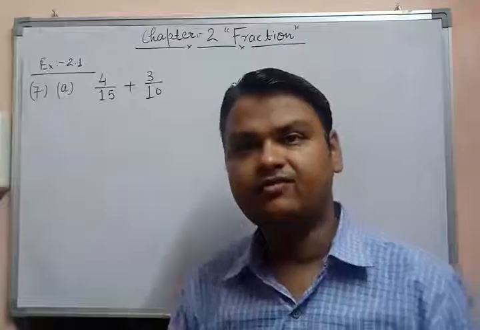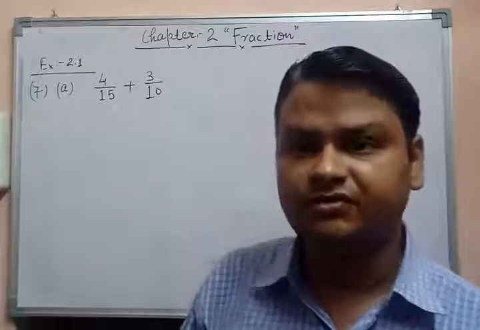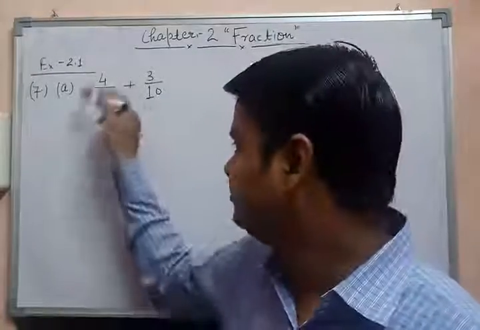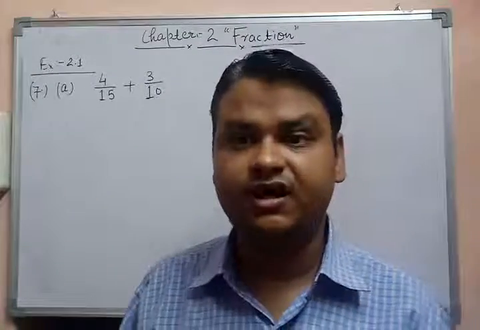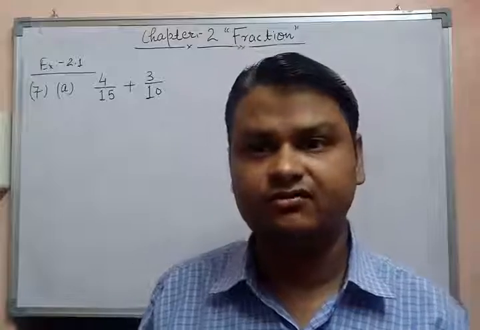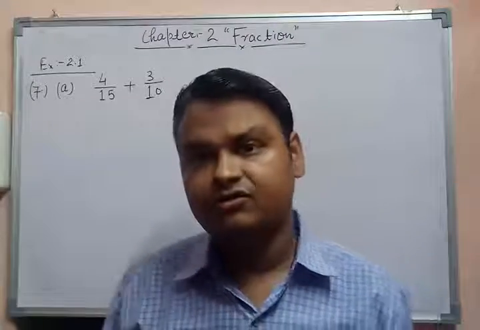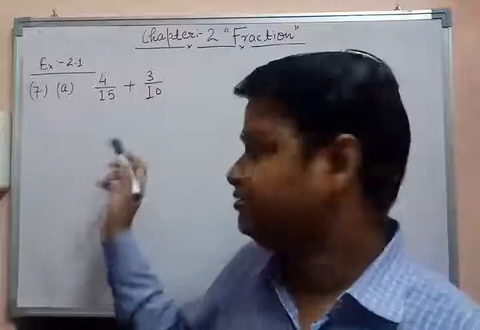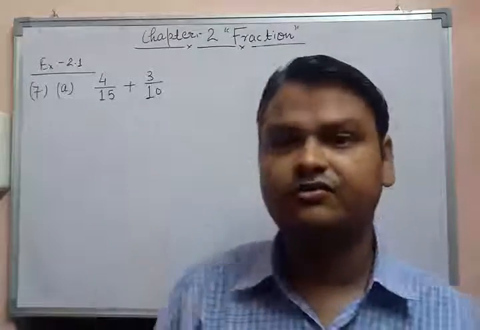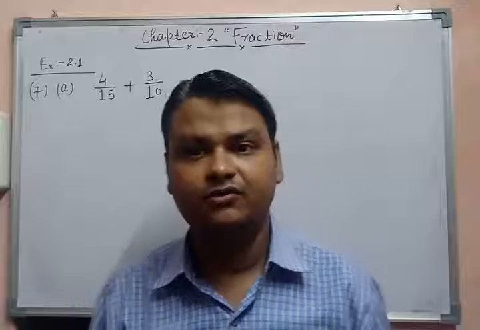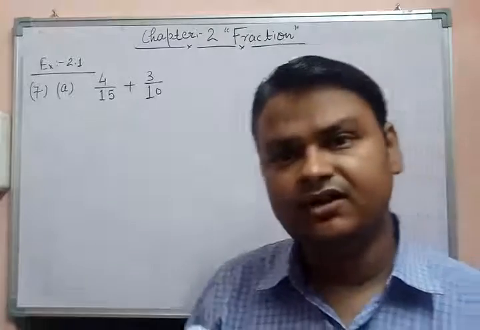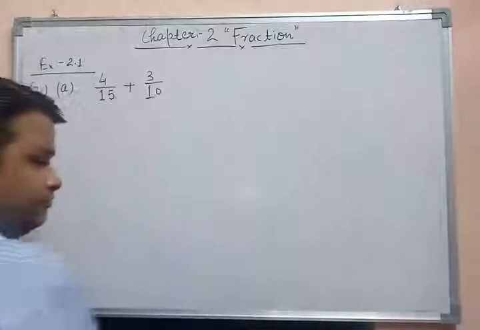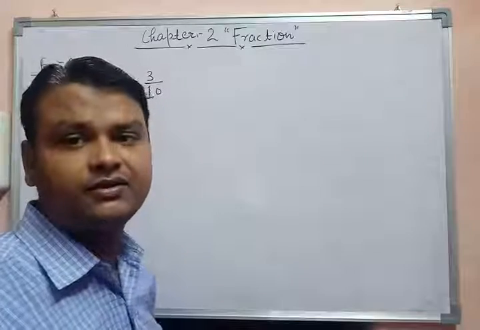If you have to add both the fractions, then first of all you have to convert both the fractions into like fractions. After that you have to add. Okay students, there is no shortcut rule to add this type of fraction. First you convert both fractions into like fractions, then you add. So what is the step for converting to like fractions?